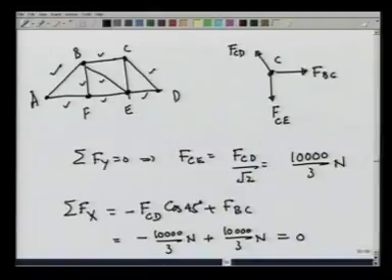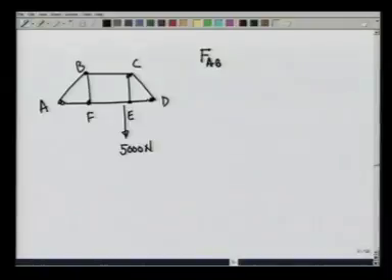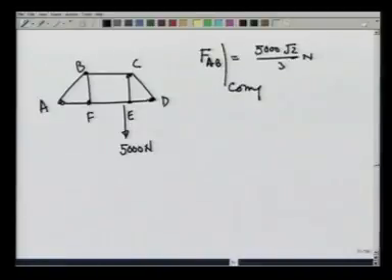Let us now tabulate all the forces that we have calculated: A, B, C, D, E, F. When this truss is loaded with a 5,000 newton load at point E, FAB came out to be 5,000 root 2 over 3 newtons, and this was compressive.